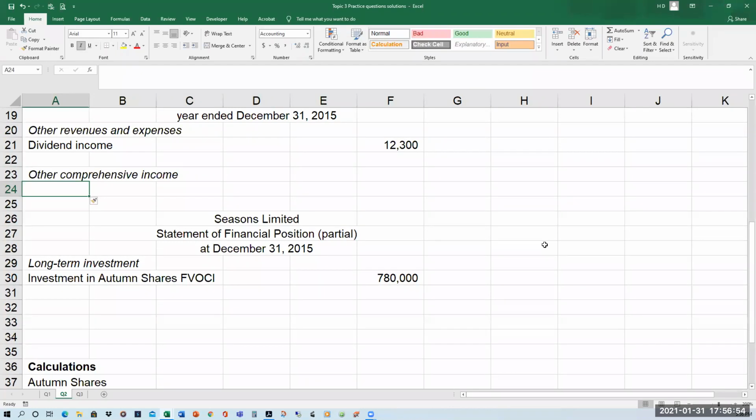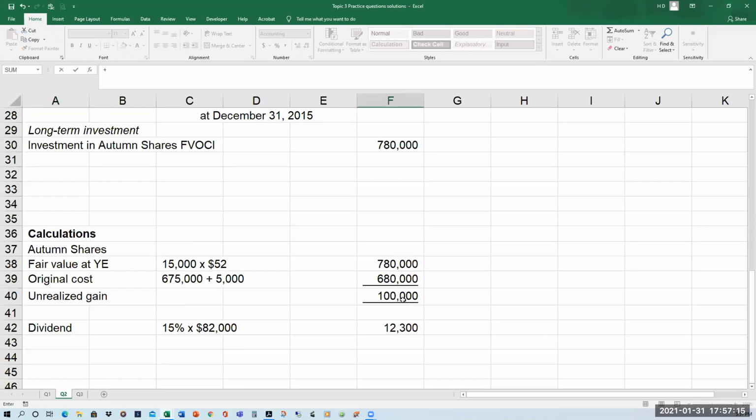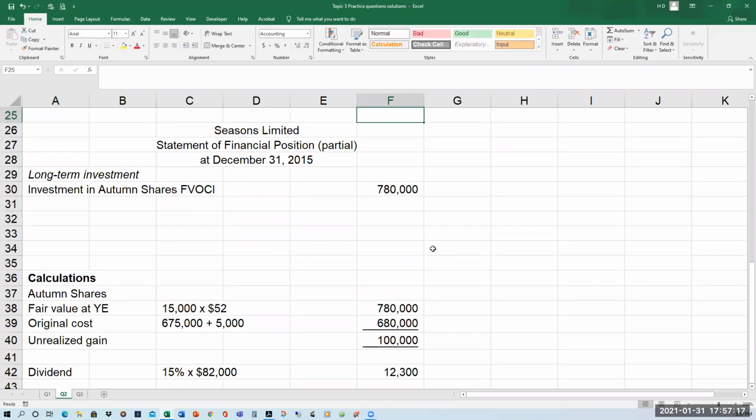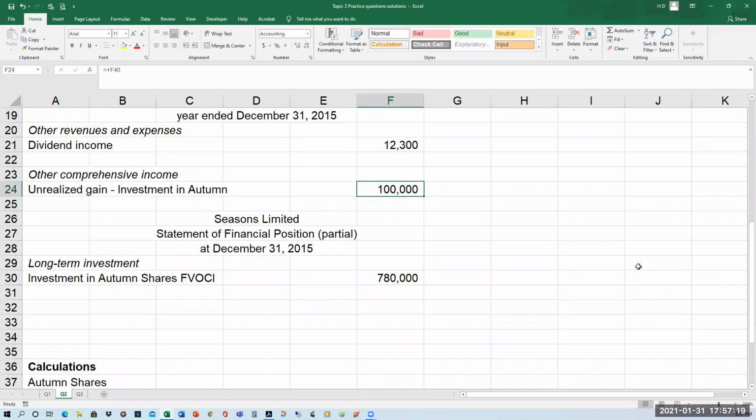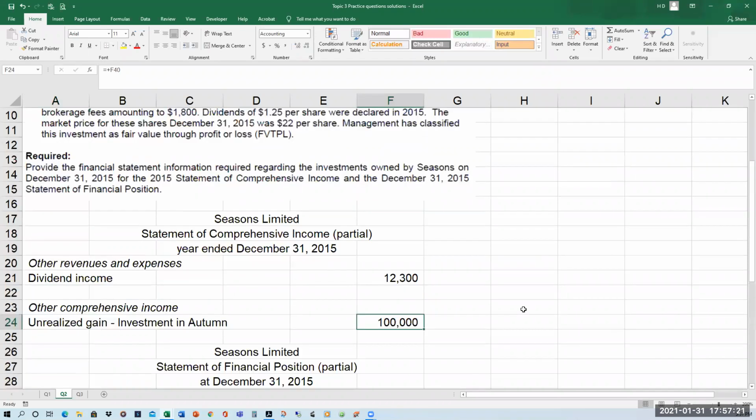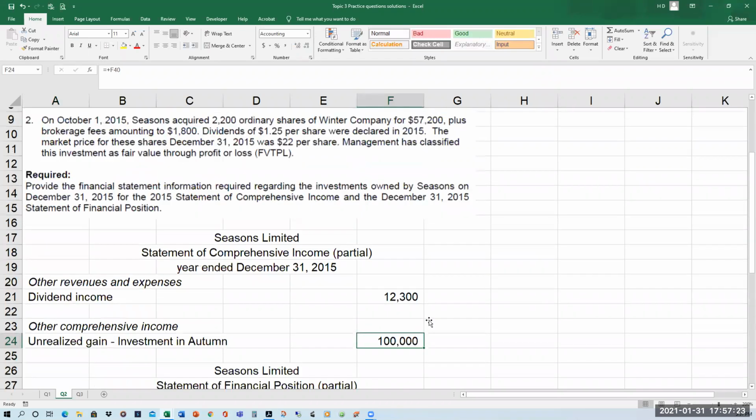You can call that fair value adjustment, or you can call that unrealized gain, whatever you prefer. Unrealized gain, investment in Autumn. Once more, this is supposed to be reported net of tax, net of deferred tax, but we're ignoring the tax implication for now. So the first investment is dealt with.